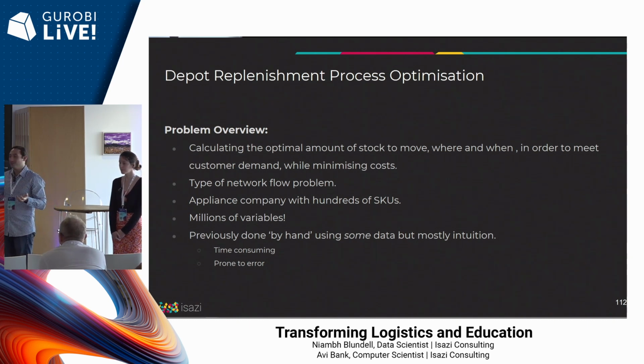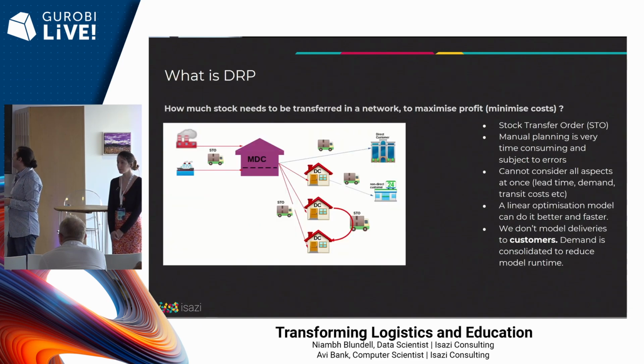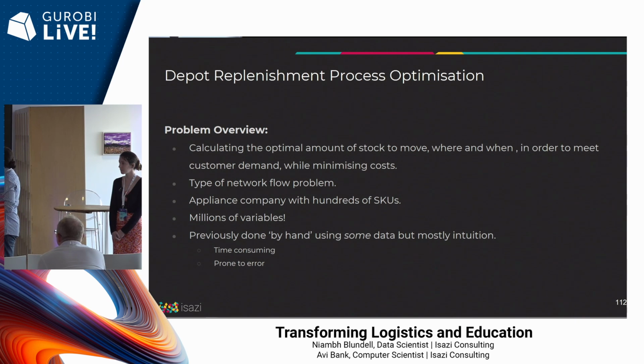What the problem was, basically, was deciding where to move stock from a central warehouse through to your smaller warehouses, and then onto customers. It also takes into account lead times from shipping from other countries, etc. And it's a type of network flow problem.